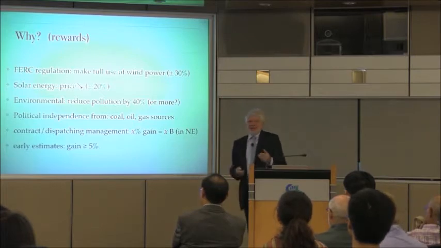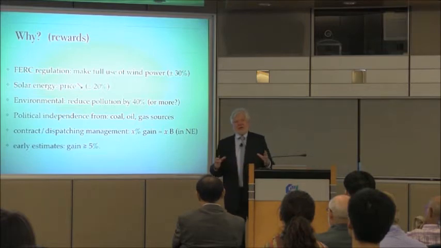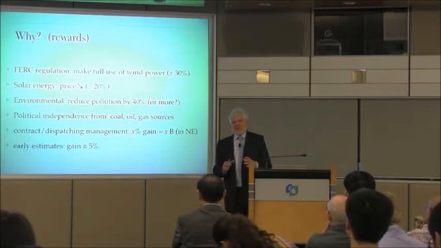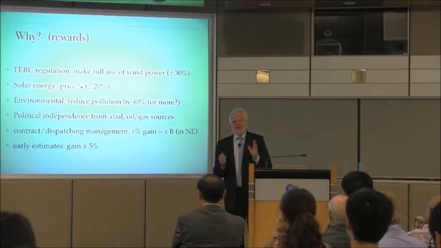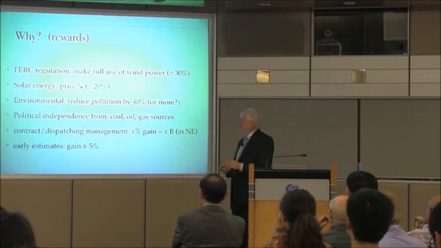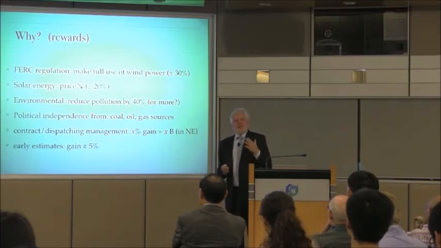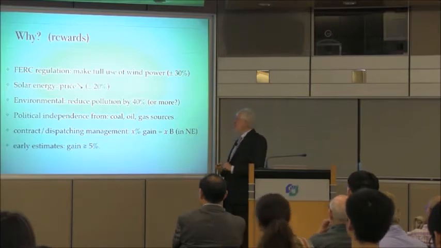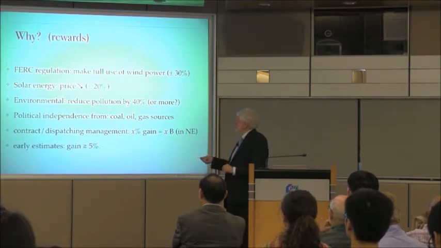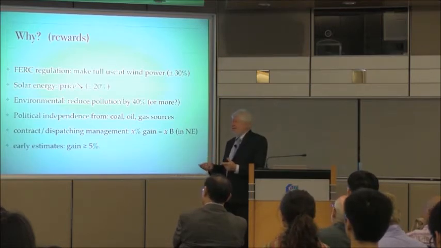And then finally, since the ISO is an independent system operator whose only mission is to provide the electricity at the cheapest possible price, the question comes up: if you change the method in which they do the dispatching, will there be a gain?